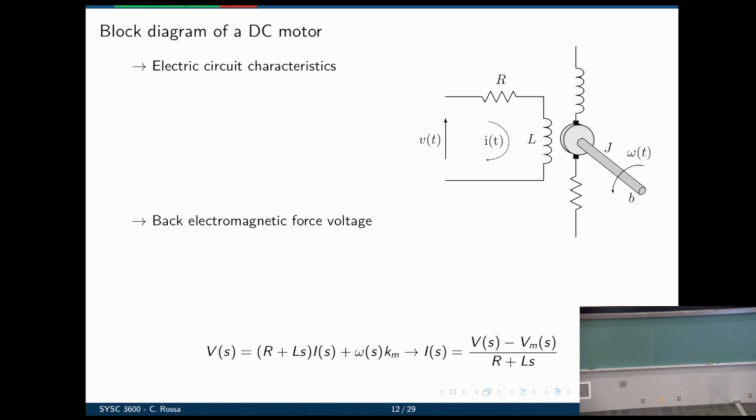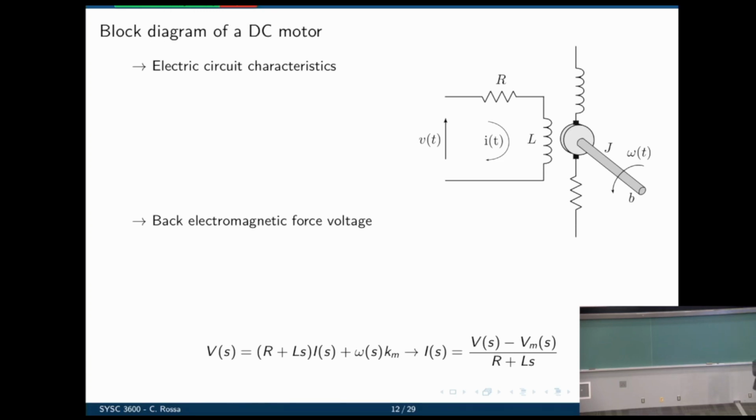So let's start with the electrical circuit characteristics. The electrical circuit can be represented simply by an LR circuit, but you need to add another component here, because when we turn this on, there's going to be a current. The current creates a magnetic field. The magnetic field will create induction in the rotor. The rotor, because the part that is rotating, works like a magnet.